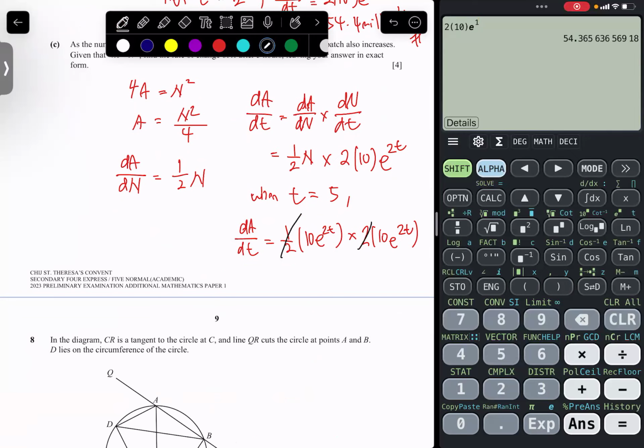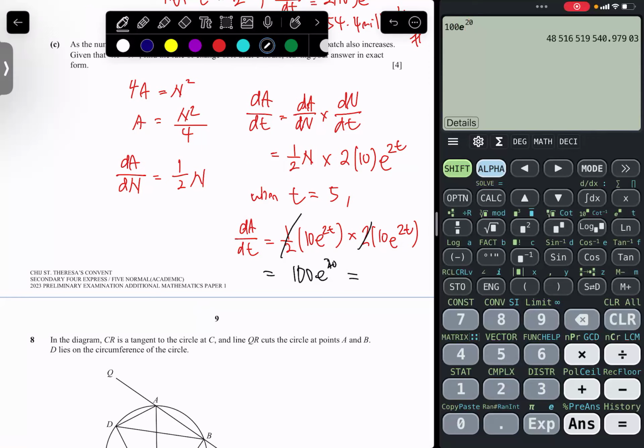So 10 e^10 times 10 e^10, I will get 100 e^20.